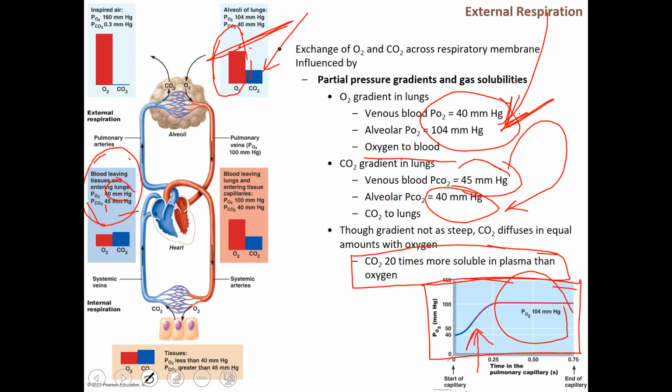So even if now the blood flows faster and there's only, say, 0.5 or 0.25 seconds left for the gas exchange, it's still enough. So basically what it comes down to is that there is never a situation when there's not enough time for the gas exchange in the lungs.